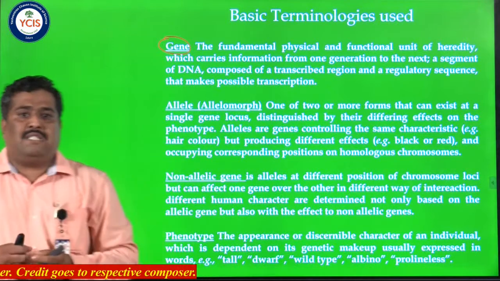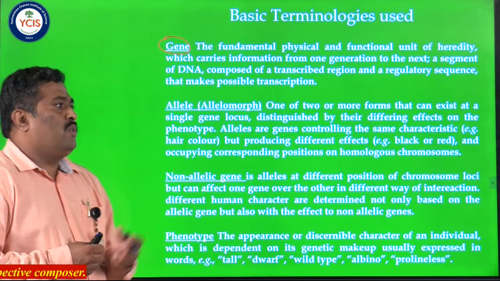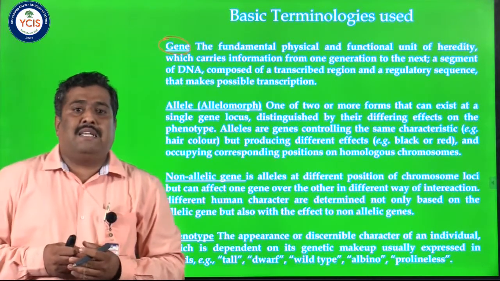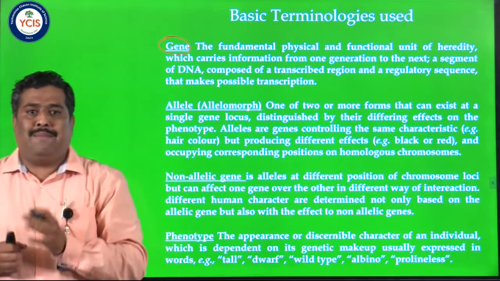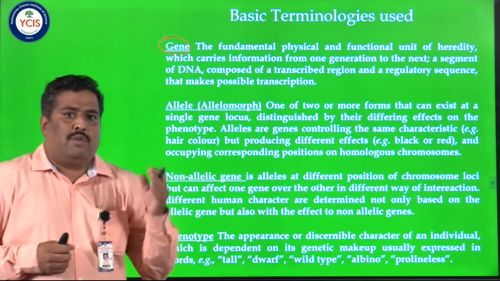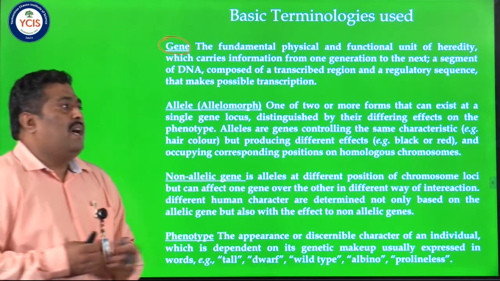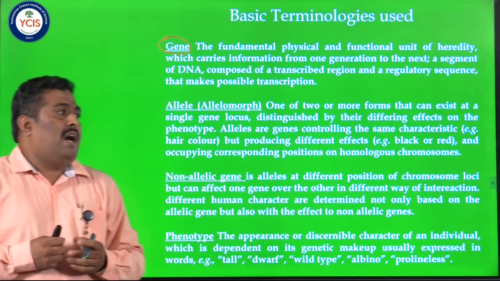Then next is the allele, or it is also called an allelomorph. It is one of the two or more forms that can exist at a single gene locus. On the homologous chromosomes at the same locus, more than one form of the gene is present, called alleles or allelomorphs.